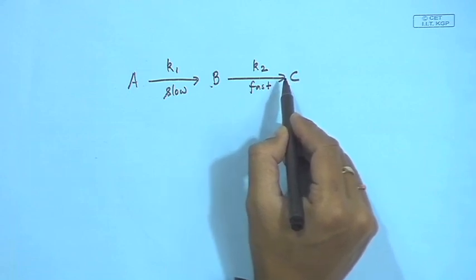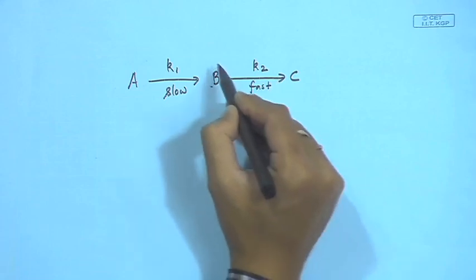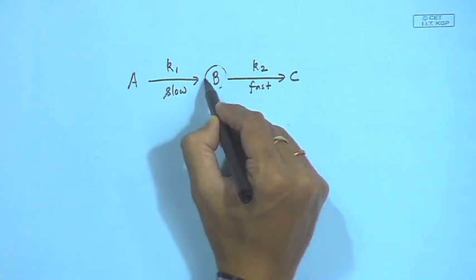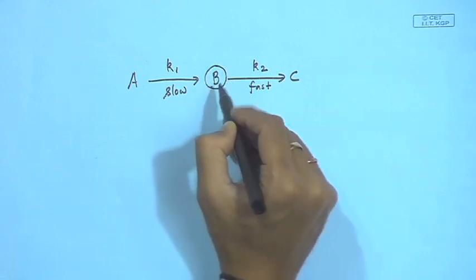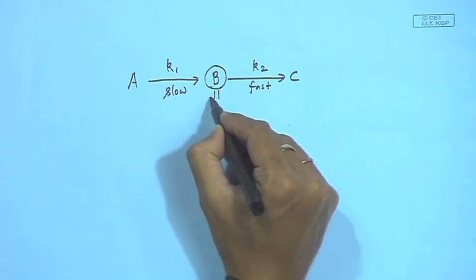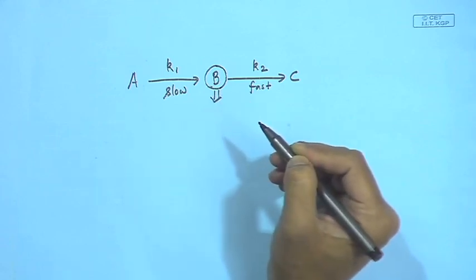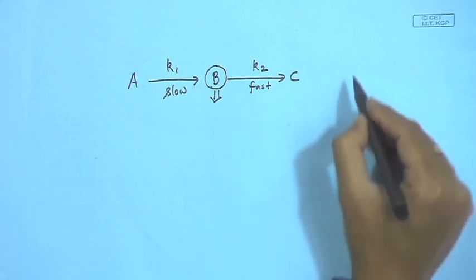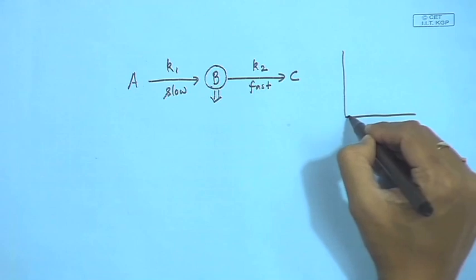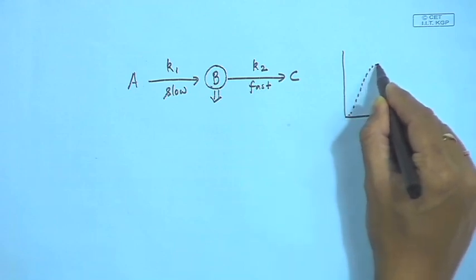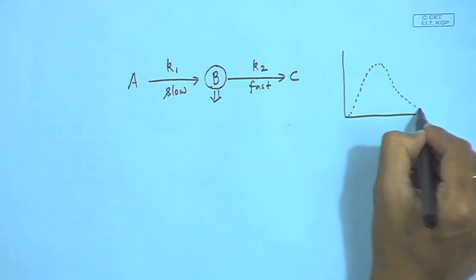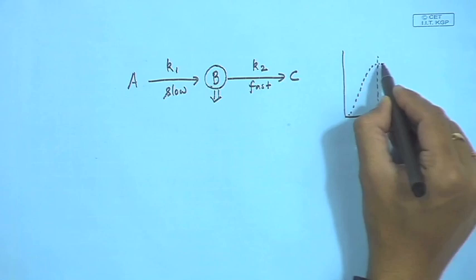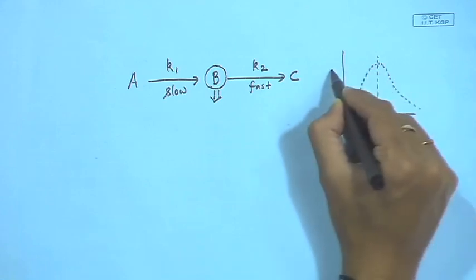Steady state approximation means that, at least for a certain period of time, the concentration of B does not change. Recall the consecutive reaction discussion, where B rises and then decays. This is the time when the concentration of B is maximum.